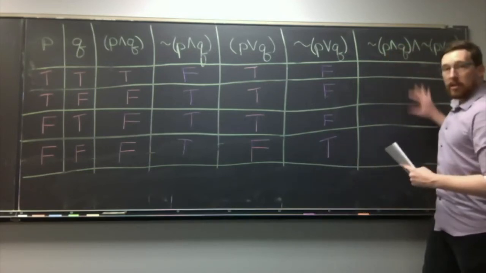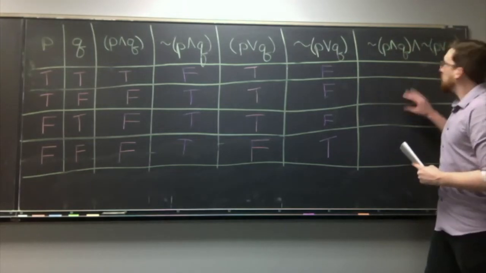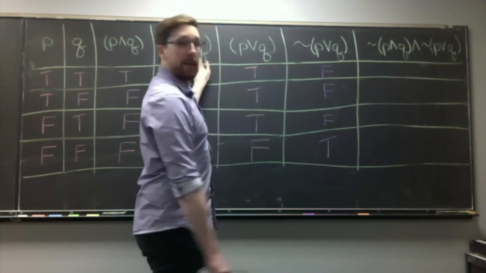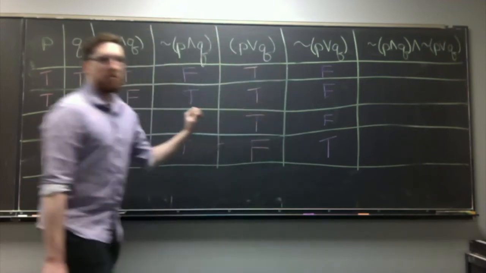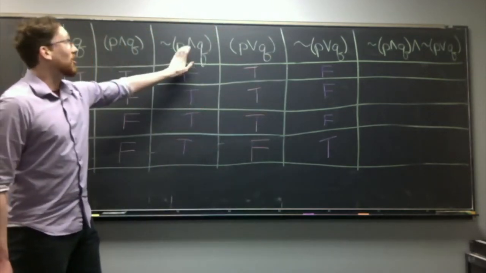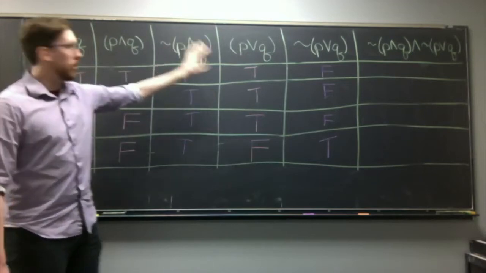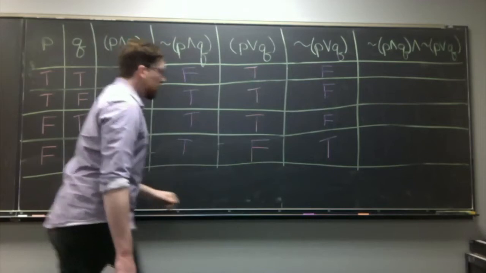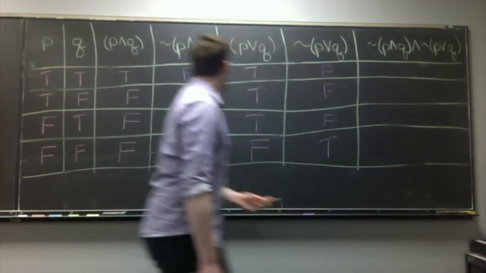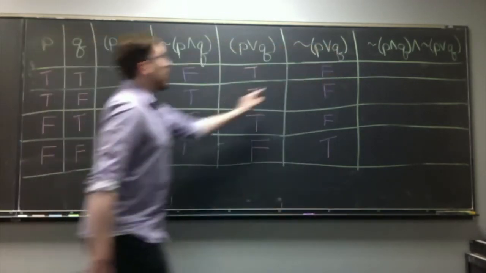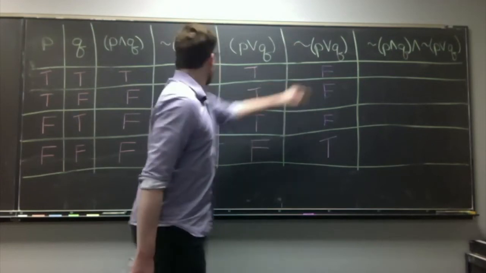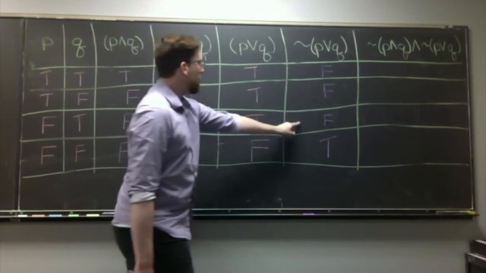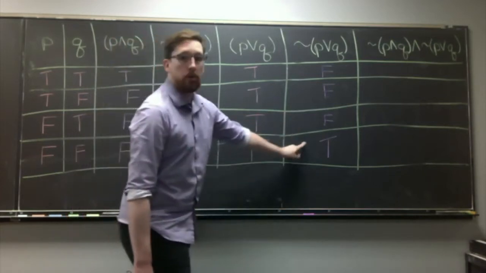Now we want to fill out this last column. But notice this last column, all it reduces down to is this case. Let me move out of the way. It reduces down to this case and this case. So, to fill that out, what we're saying is false and false, true and false, true and false, true and true.